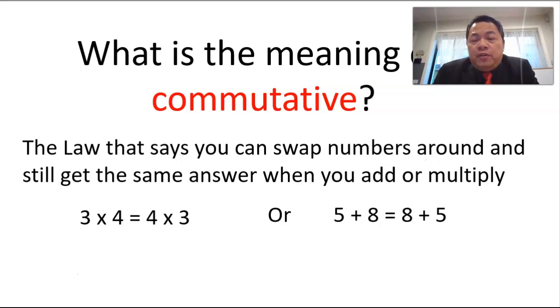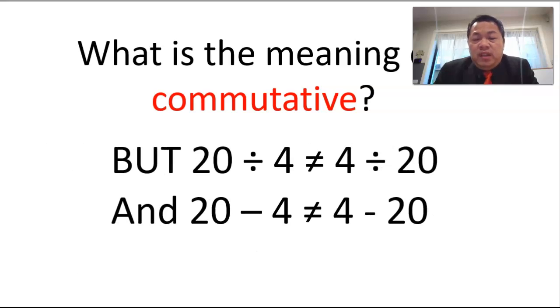But the commutative law is not applicable for other operations, like for example, division and subtraction. 20 divided by 4 will not get you 4 divided by 20. You don't get the same answer. And likewise, 20 minus 4 is not the same as 4 minus 20.